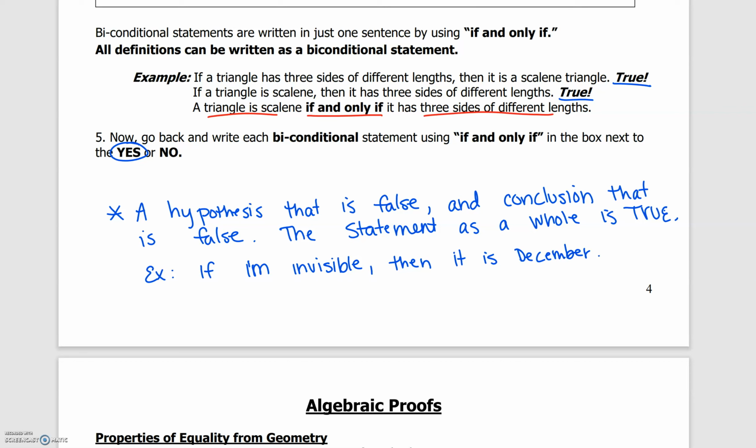So both of those being false means that this statement is true. So that's the only kind of weird thing. Otherwise, if you can think of a counterexample, then you know the whole statement is either true or false. But I just wanted to throw that out there in case you see that at some point, which you will, on one of your questions for your homework.